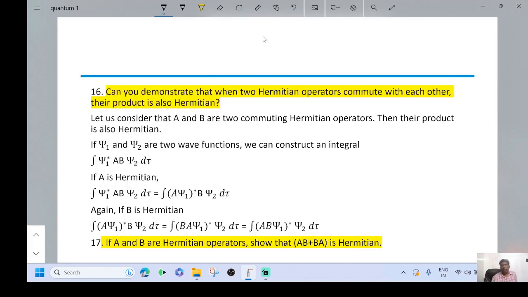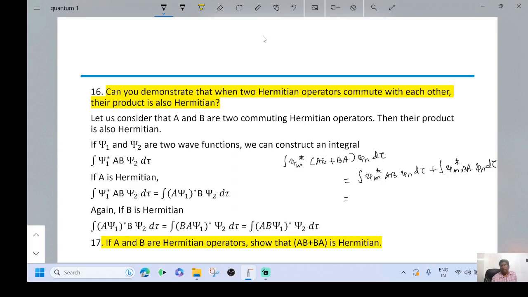See here, ∫ψm* (AB + BA) ψn dτ is equal to ∫ψm* AB ψn dτ plus ∫ψm* BA ψn dτ. We have just separated it into two integrals.